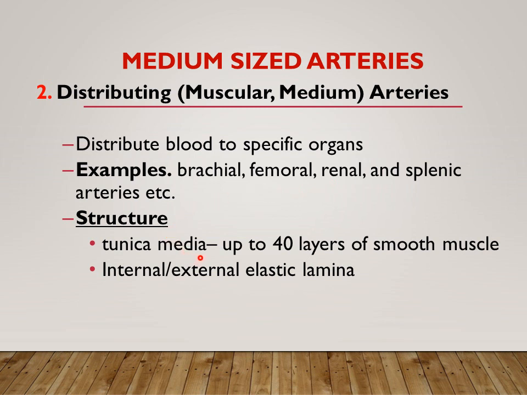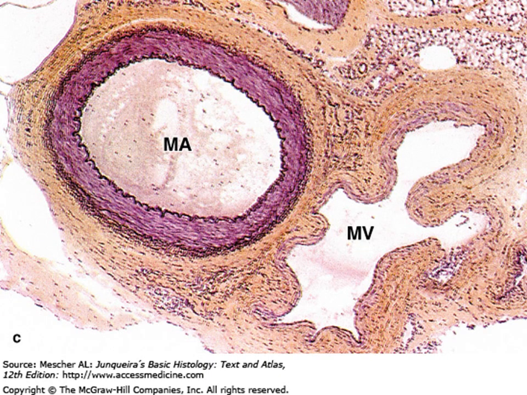If we look at the structure, the tunica media is also thick, but it has up to 40 or fewer than 40 layers of smooth muscle. If the smooth muscle layers are more than 40, up to 70 layers, they make up the large size arteries, and if they are 40 or fewer, medium size arteries.